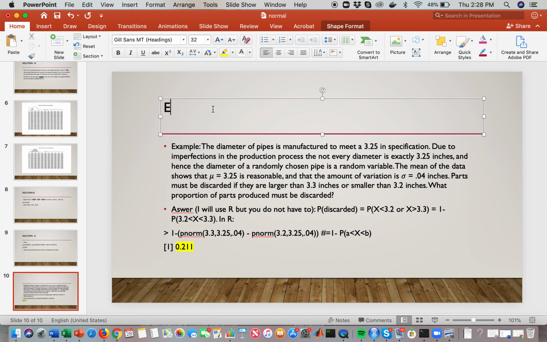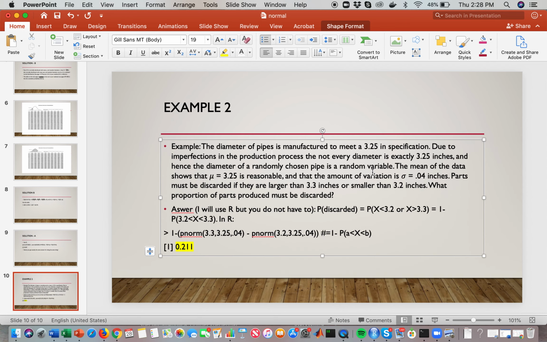And I'll label this example 2. Okay. So our example says the diameter of pipes is manufactured to be 3.25 inches. Every time they produce a pipe, they're hoping it's 3.25 inches. But due to imperfections, every time you produce something, it will be slightly off in the smallest amount, hopefully.